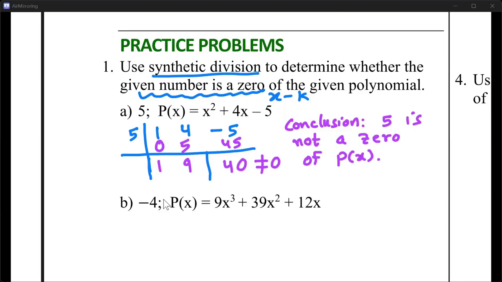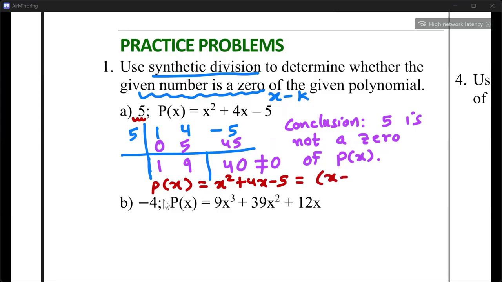Okay, and the question is not asking, but if you wanted to, for your own satisfaction, write out how exactly that 5 is related to the polynomial, you can write this. That polynomial p of x, which is x squared plus 4x minus 5, is equal to the division by number 5, right?